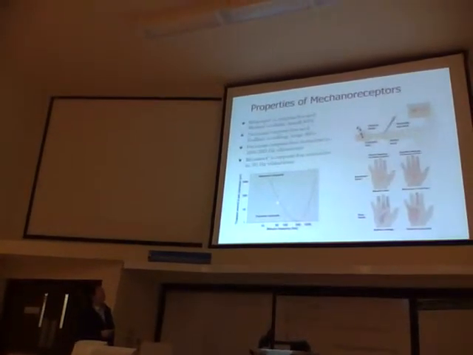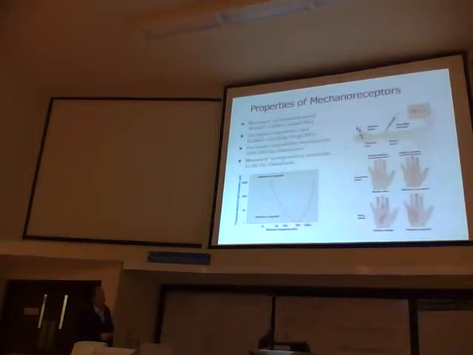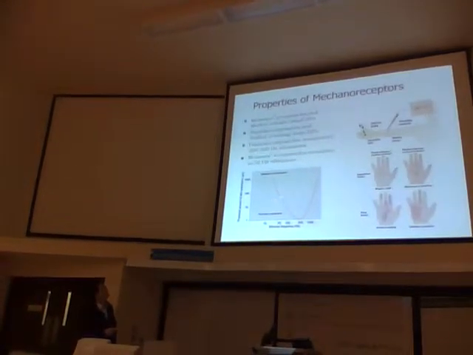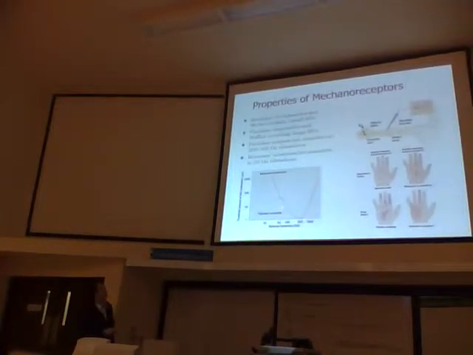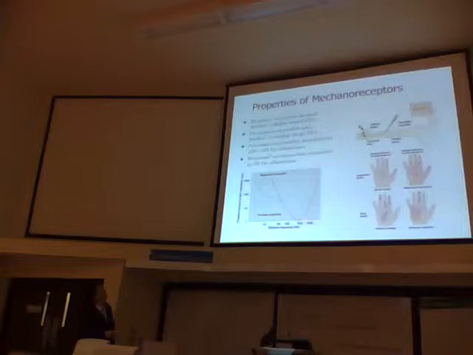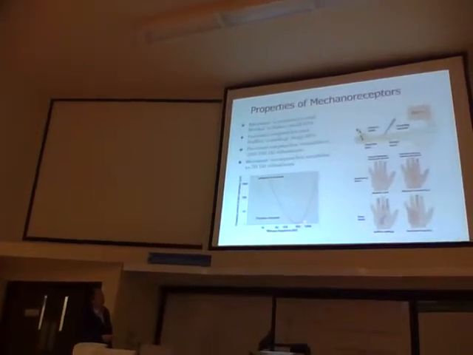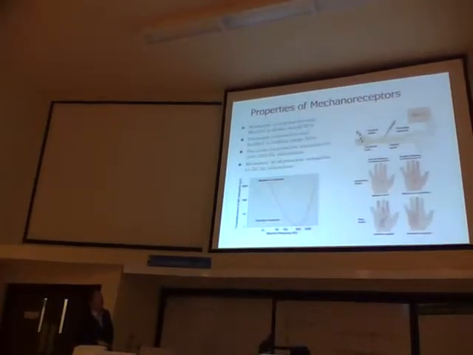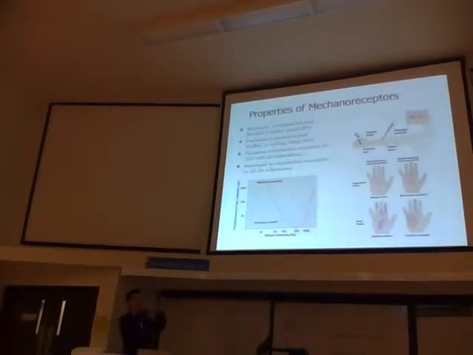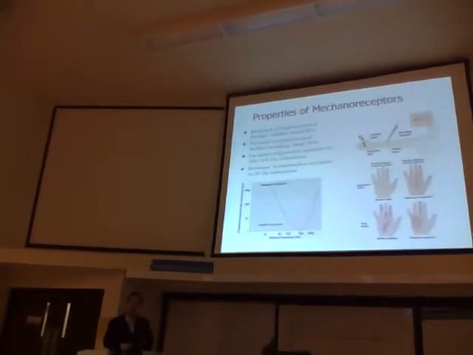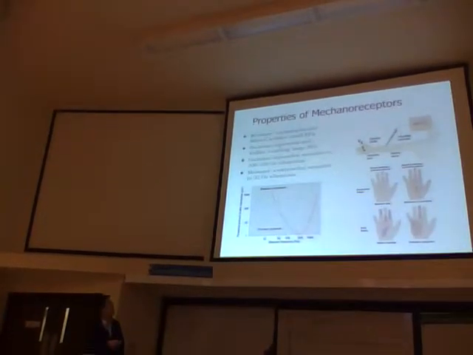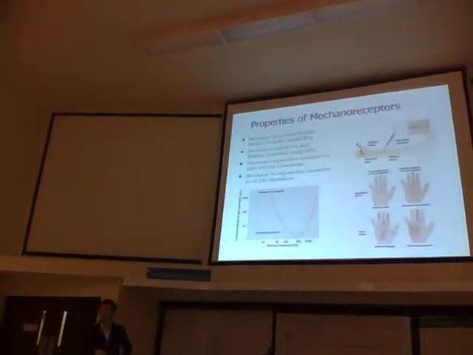At the lowest point of each curve, you get the highest sensitivity. So Meissner's corpuscles are most sensitive to a vibration frequency of about 50 hertz, whereas Pacinian corpuscles are most sensitive to a much higher vibration frequency. If you took a thin metal probe, pressed it against your skin, and vibrated that probe at particular frequencies, you get this sensitivity curve.